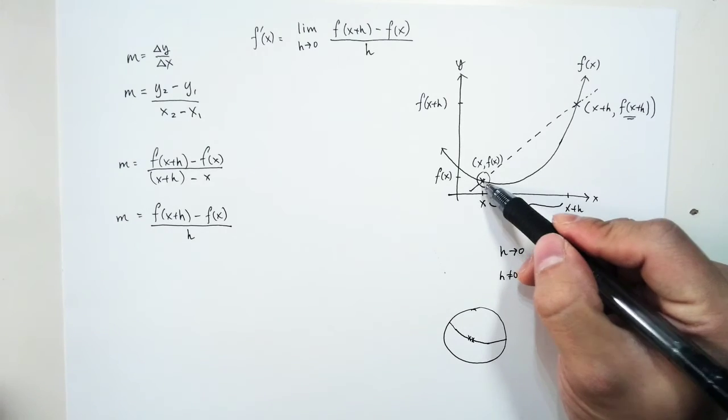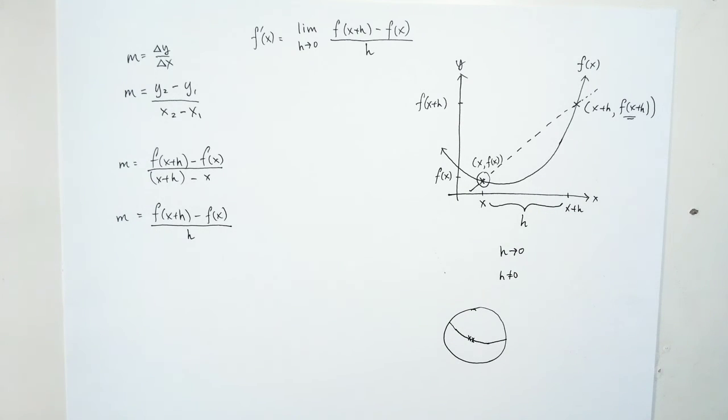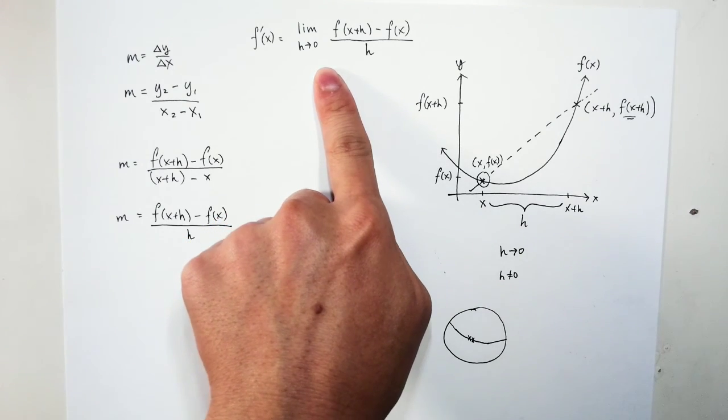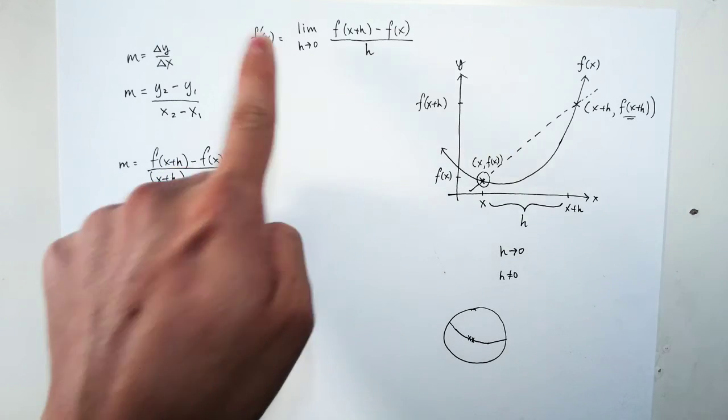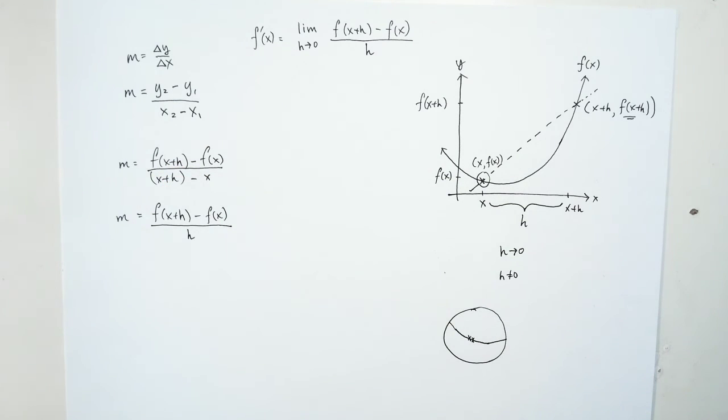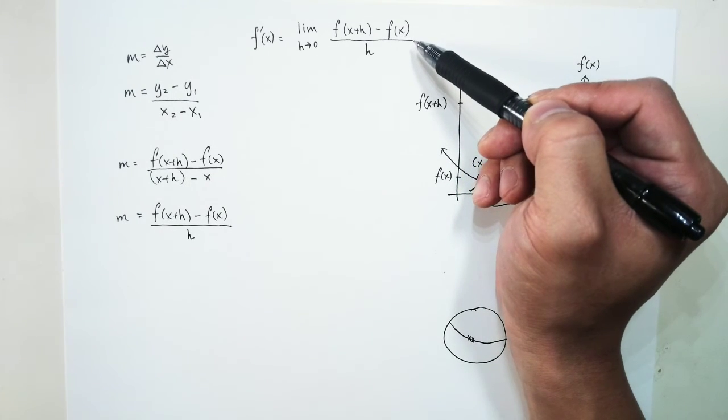But with naked eyes, you are not going to see it. And this is how we define the slope of a point, by using the slope of 2 points and saying that the distance between these 2 points is getting closer and closer to 0. And that is exactly how we have this equation to define the slope of a function at a particular point, by using the limit of a slope equation.